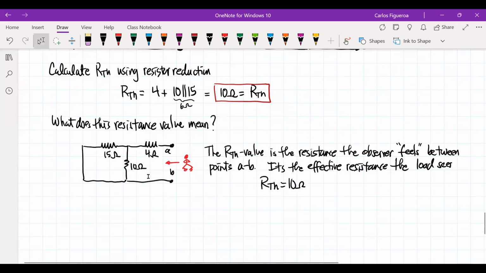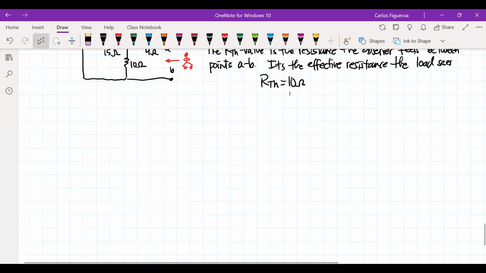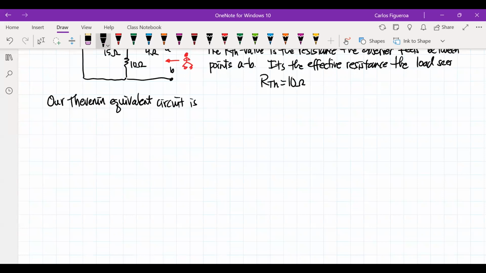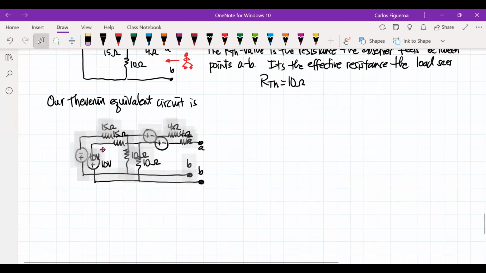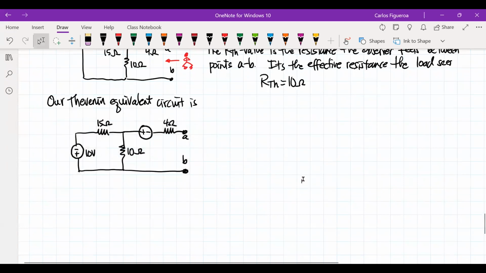So if I now put this all together here, we now see that our Thevenin equivalent circuit is here. Let me see if I still have a copy of that guy. Oh, I do. Good. Here's my Thevenin equivalent. That's my circuit right there.